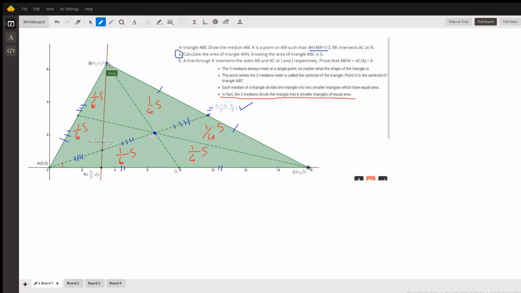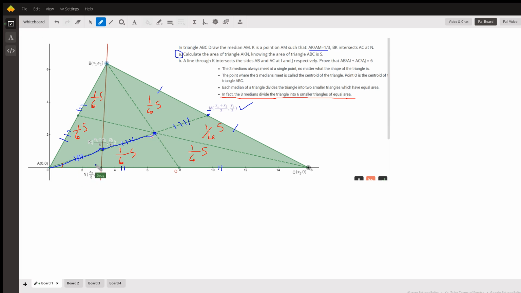And we've constructed BK so that this distance is 1/3 of the total distance. So you envision this segment AM as being 12, then this distance is 2/3 of that, which is 8. And so what we end up concluding is that this is actually the midpoint of segment AO.